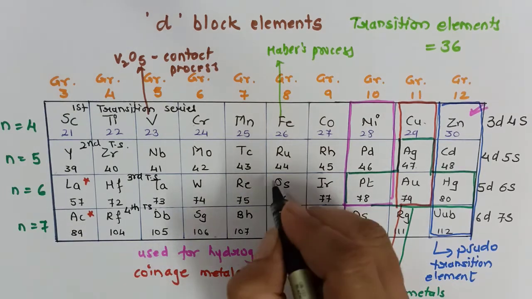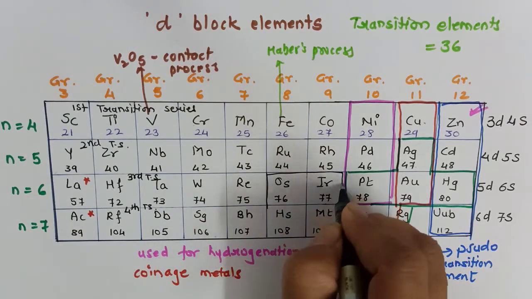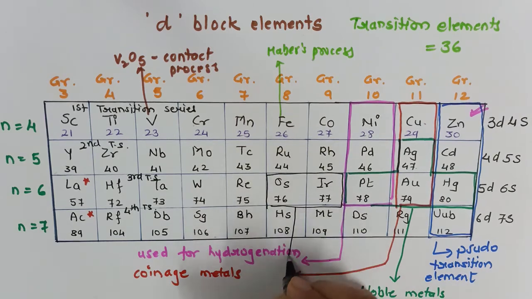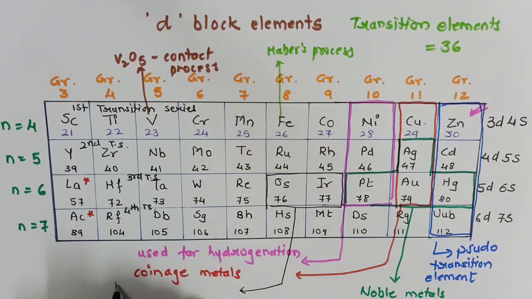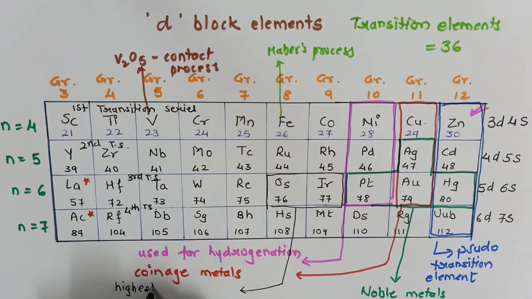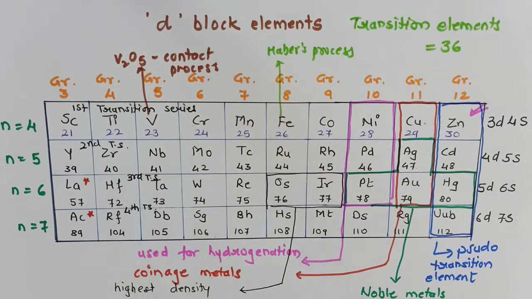Elements like iridium and osmium have the highest density of the periodic table, most dense elements, as well as osmium is the only metal which can show +8 oxidation state.